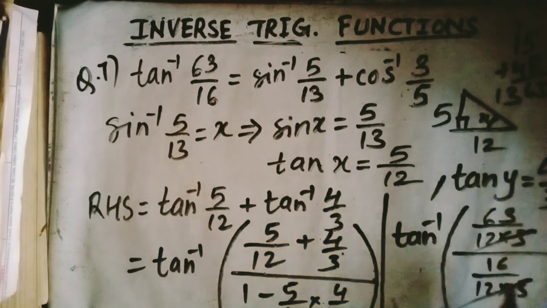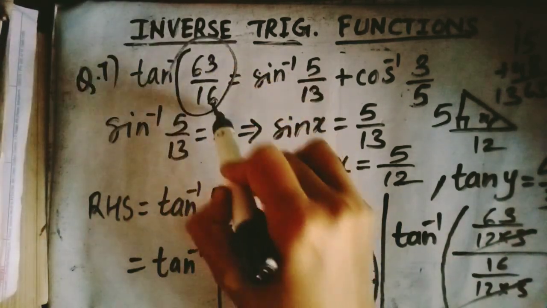So this gets cancelled and you will get 63 upon 16, which is our answer.